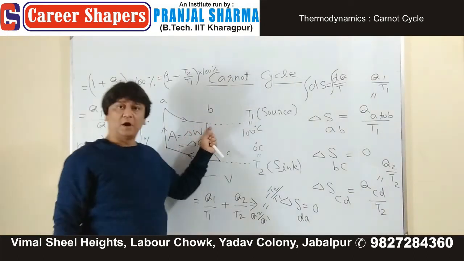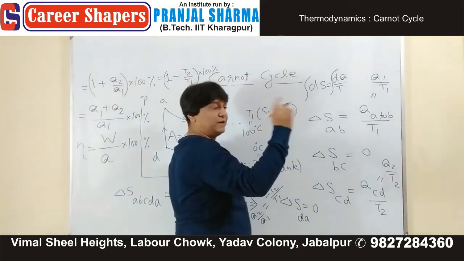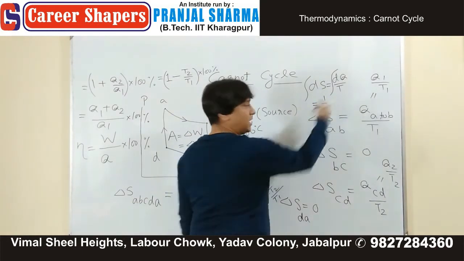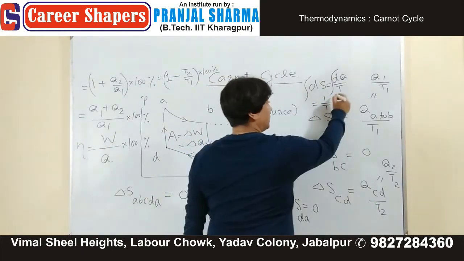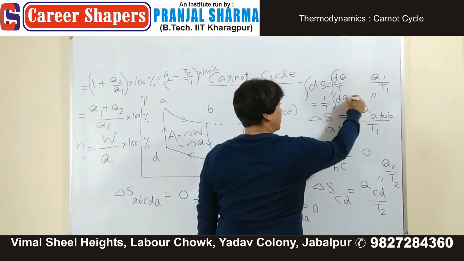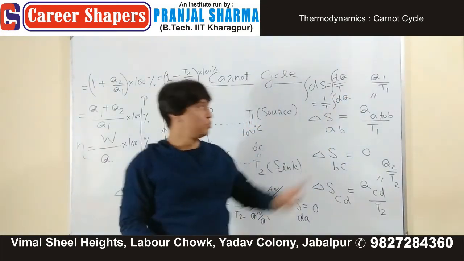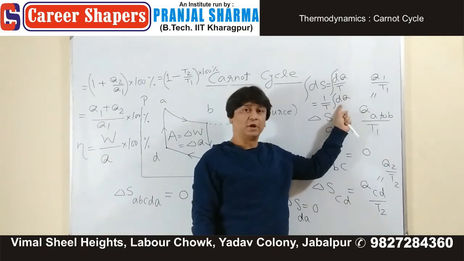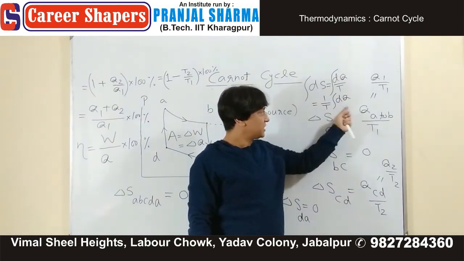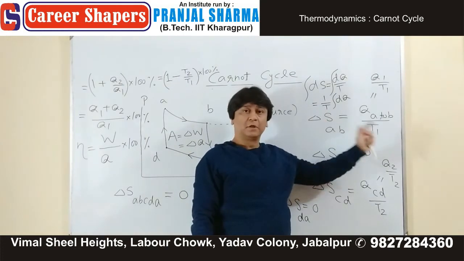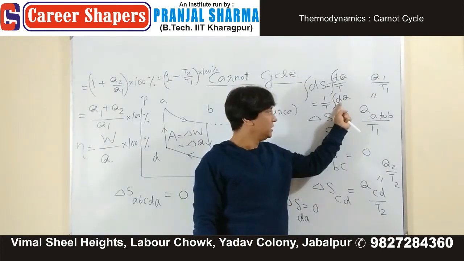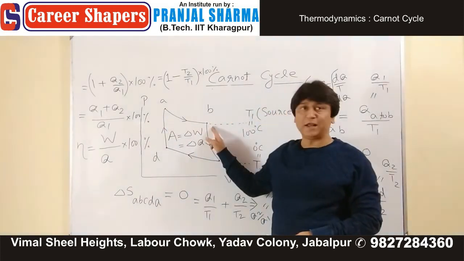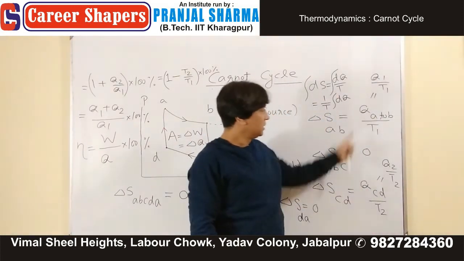A to B part being isothermal gives us an advantage that you can always take T out, and then you are left with integration of dQ only. I hope ये चीज समझ में आ रही होगी. T is constant, बाहर आ गया T1. अपने को केवल क्या चाहिए? dQ, integration of dQ. From A to B, integration of dQ gave us what?